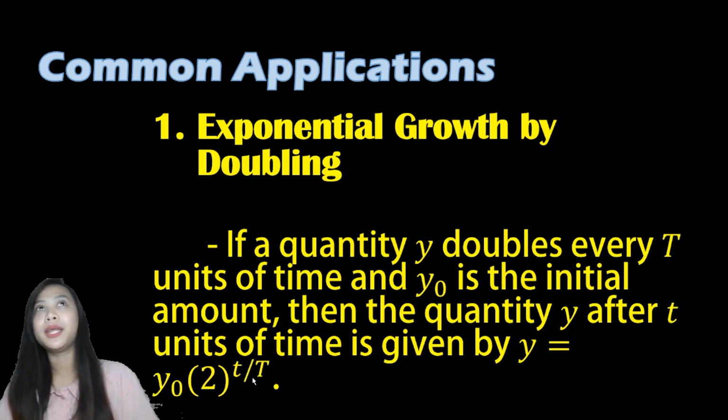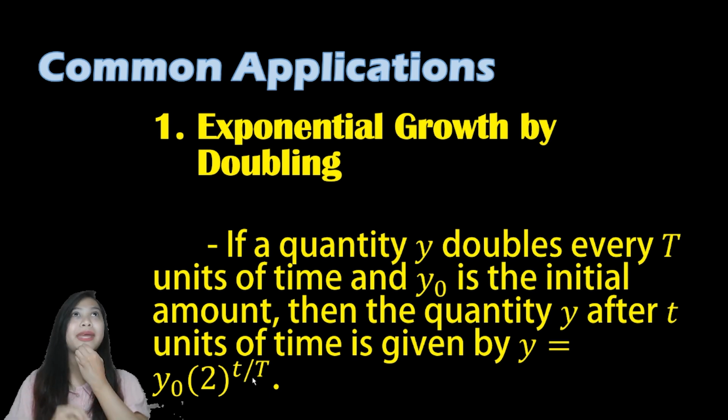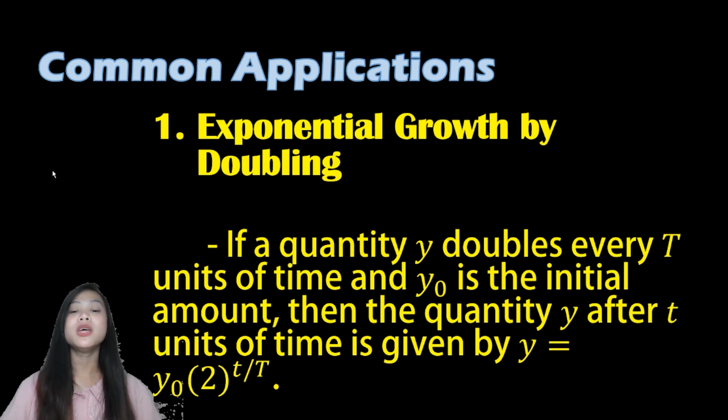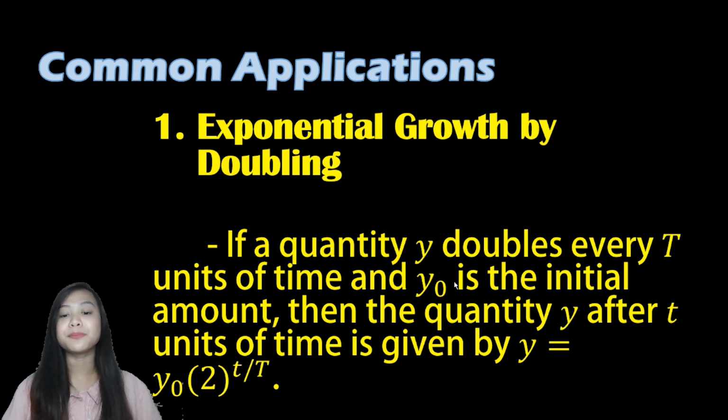So in exponential growth by doubling, we assume an amount, for example a population, denoted as y sub 0, the initial amount, and we want to know the quantity every time the unit T doubles.